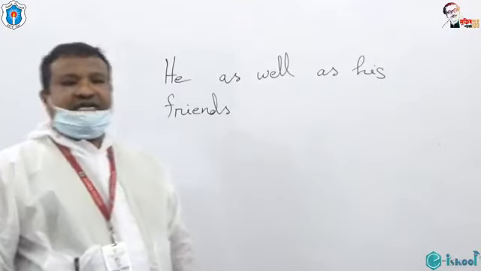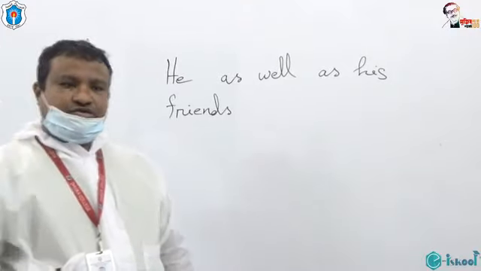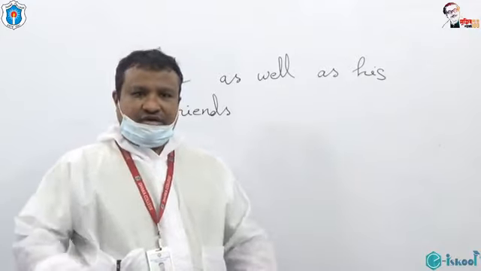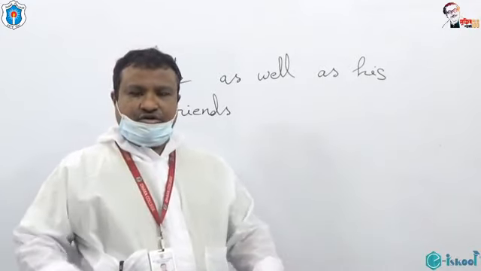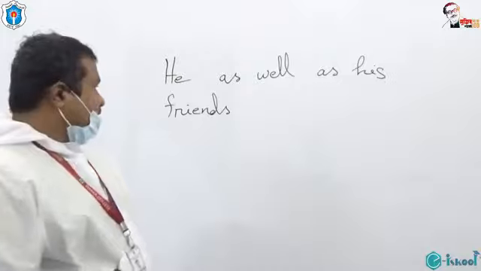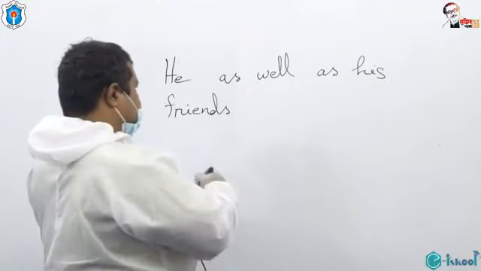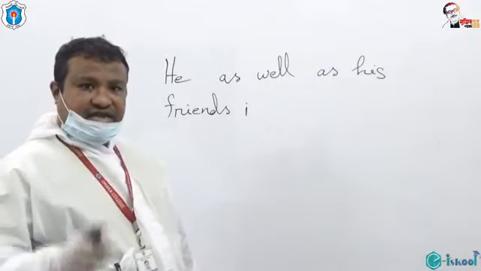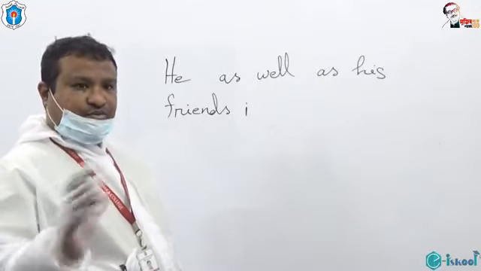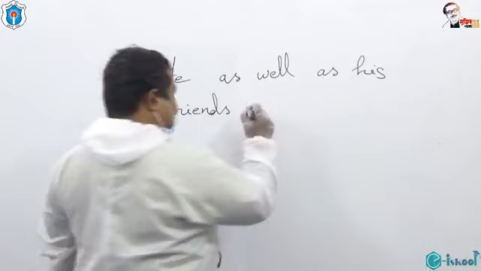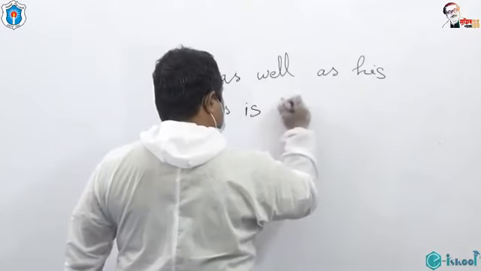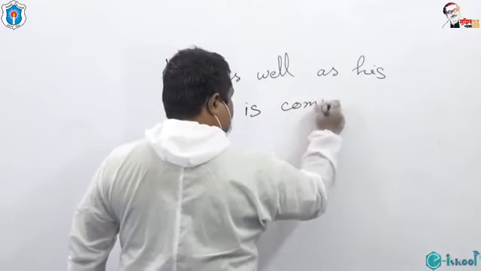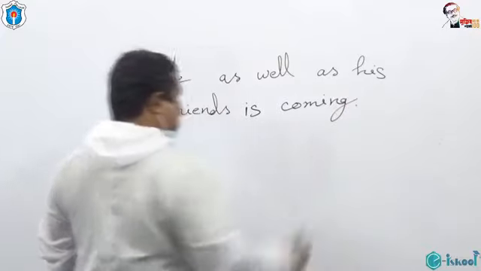He as well as his friends. If we use the phrase as well as, or along with, together with, when we are using these phrases, here we will use is coming.